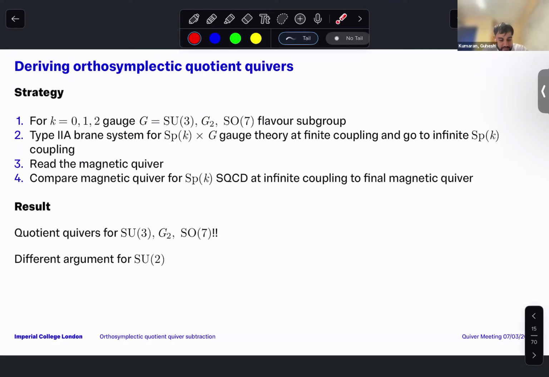Then we'll read from the type IIA brane system, which was given in this paper by Ami, Marcus, and that was based off some work with Nopadol and Tomasiello, Ridelius, possibly someone else. From this brane system, we'll go to infinite coupling and compare the magnetic quivers. That's the goal, from which we'll derive quotient quivers for SU3, G2, and SO7, and we'll have to argue for the SU2 case, because I did promise it in a slightly different way.